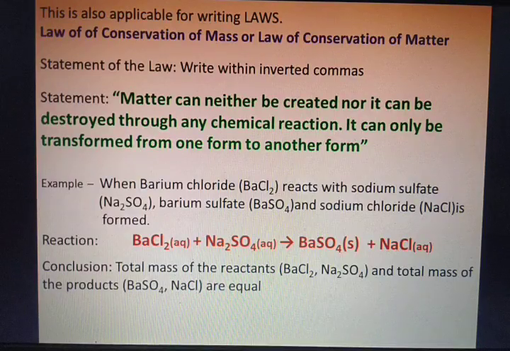So that is the difference between 1 mark and 2 marks. Clear?